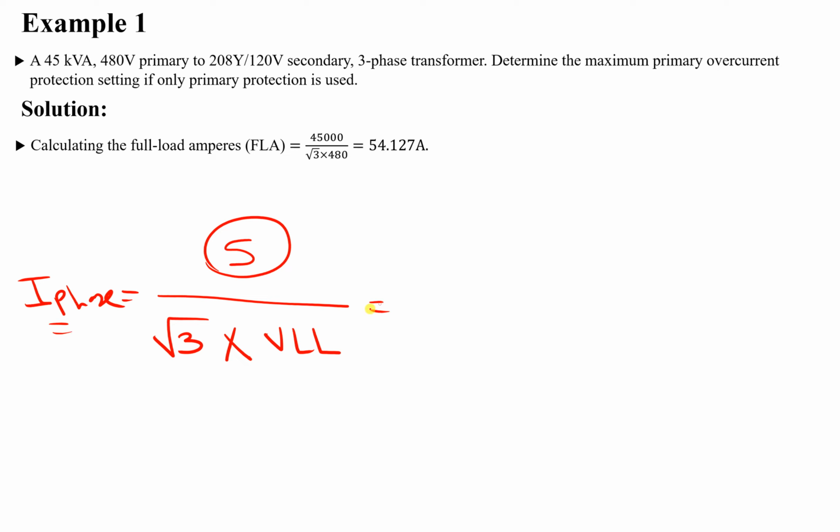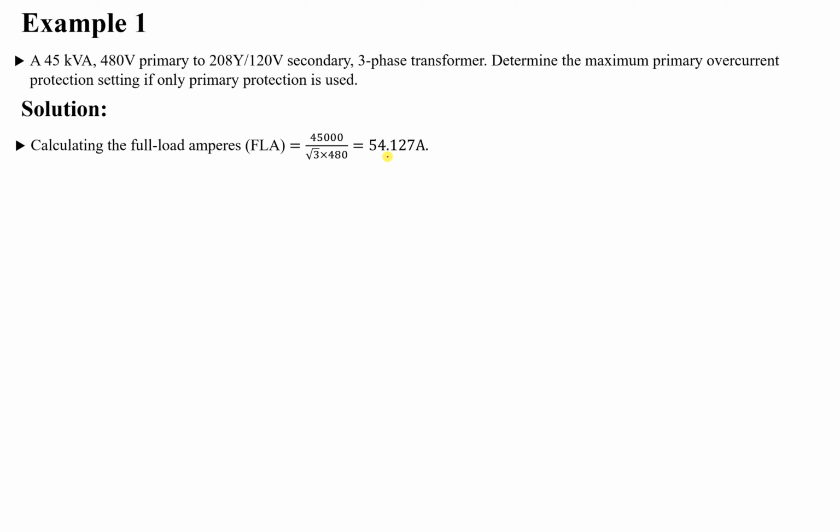So here S, the apparent power, will become 45 multiplied by 10 to the power 3, the rated power of the transformer, divided by root 3 multiplied by V line to line voltage, 480 volt. By doing this, we will get the full load ampere of the transformer to be 54.127. So let's look at the table.